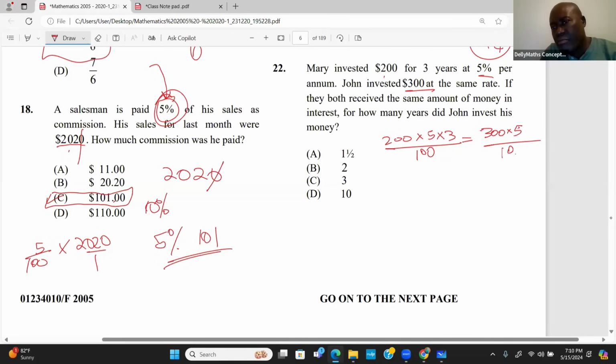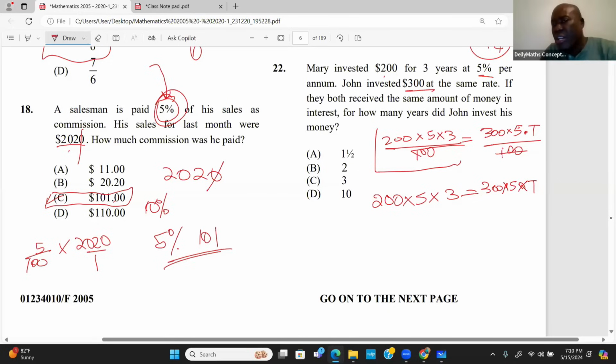So this is the same. What is missing is the time, because both of their interests will work out to be the same. So you can ignore the 100 and figure out this. Look, 200 times 5 times 3 is the same thing as 300 times 5 times t, and you're trying to find t. That's it. You're setting up the same idea 2 times to find t.